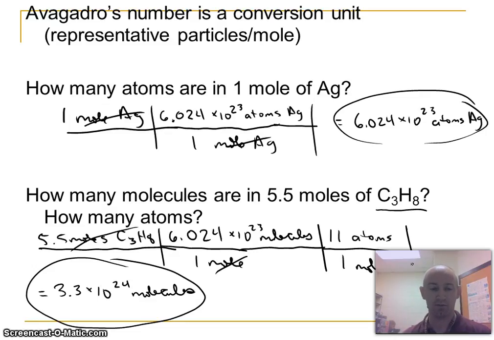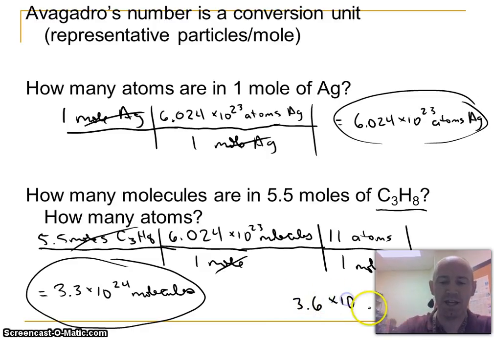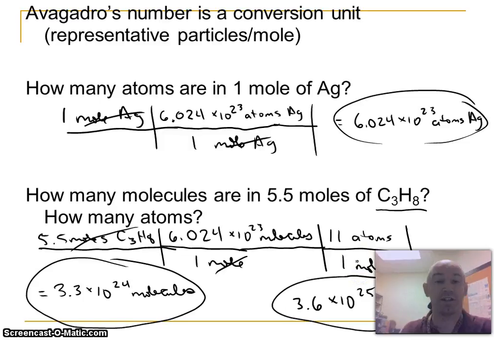You know what, I'm just going to replug the whole thing in. 5.5 times 6.02 times 10 to the 23rd times 11, and I get 3.6, 2 sig figs, times 10 to the 25th atoms. So again, fairly simple, straightforward calculation there.